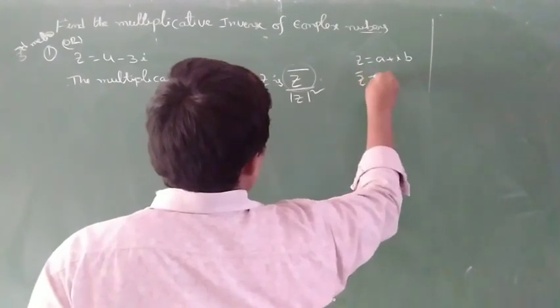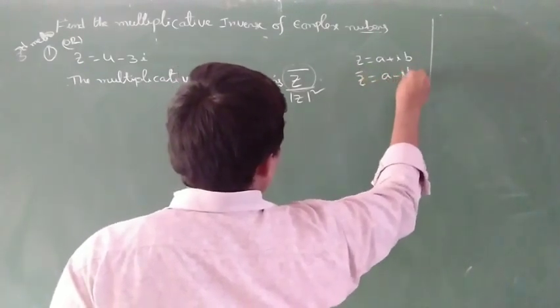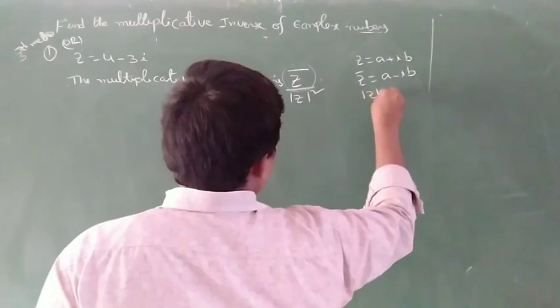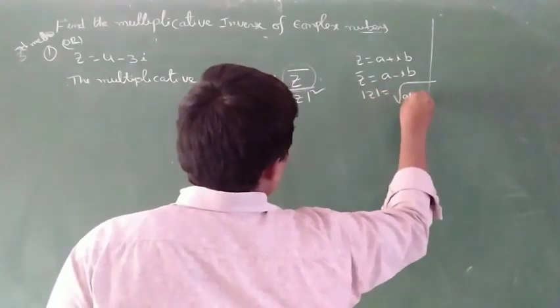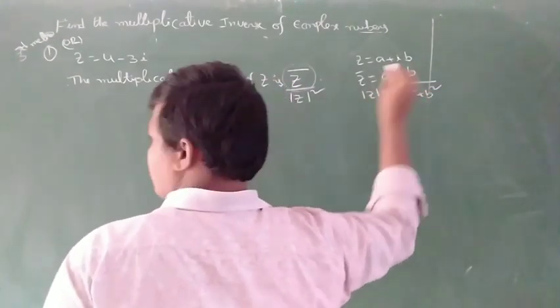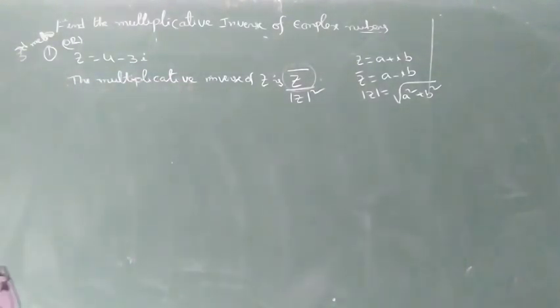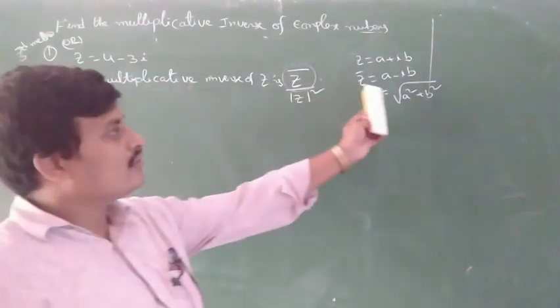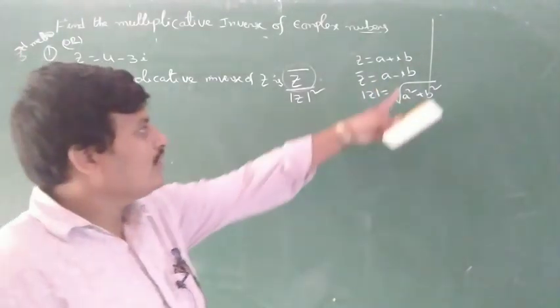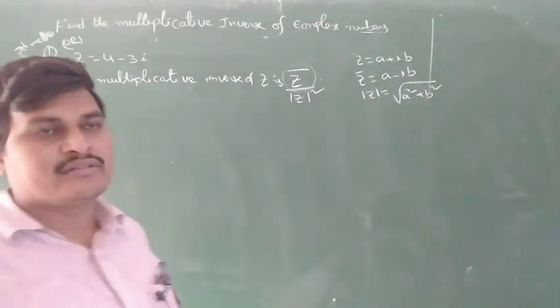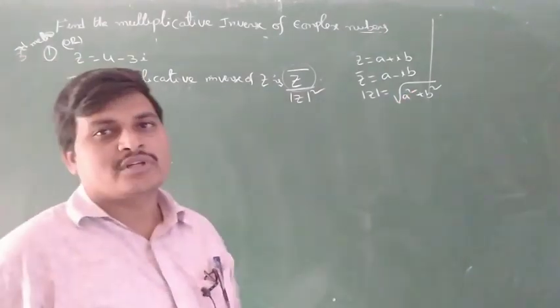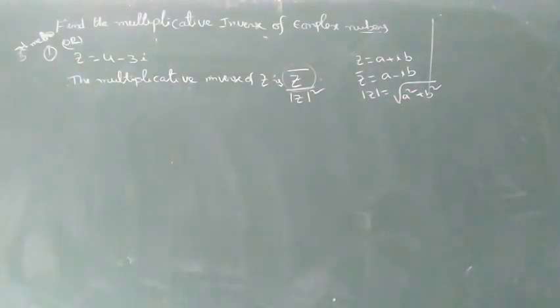Z bar is equal to a minus ib. Mod Z is equal to root of a square plus b square. This is the formula. Conjugate of Z, changing only the imaginary part sign, and mod Z is equal to root of a square plus b square.